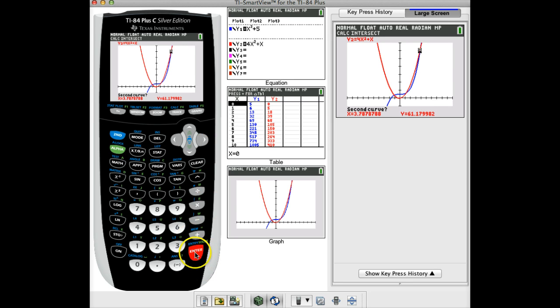There's first curve, I'm going to go second curve, that's about his guess, and I'll hit that again, and it looks like it double clicked for me already. The intersection is 3.93. So our 3 zeros, you guys, are x equals negative 1.09, x equals 1.16, and x equals 3.93. So those are the x values where these two functions intersect, and that's how we find zeros solving polynomial equations using the graphing calculator.